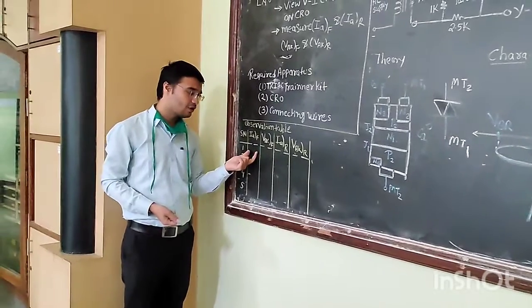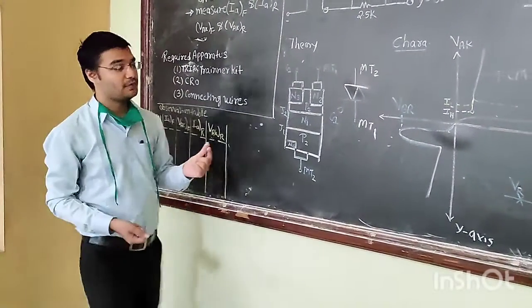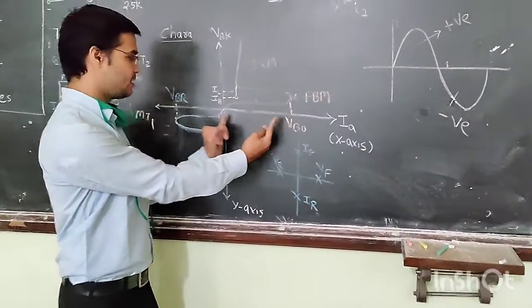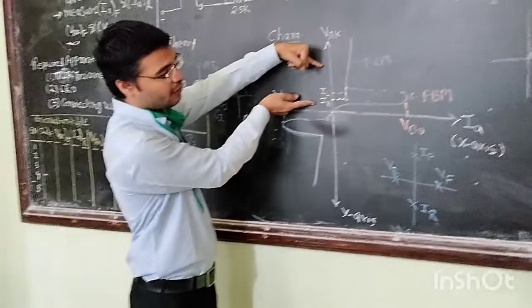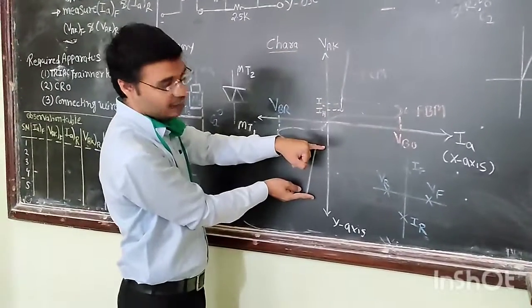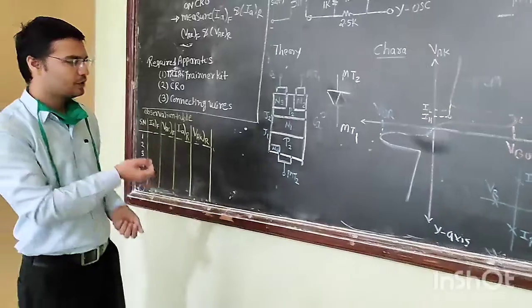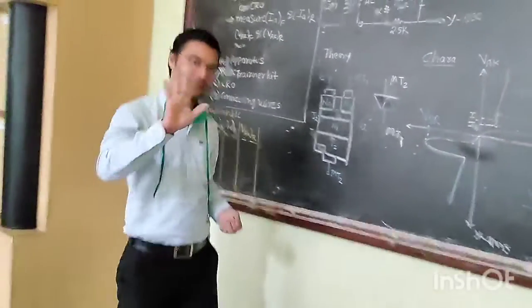That current is called forward current and reverse current, and forward voltage and reverse voltage. In this characteristic, this portion is called the forward voltage and this portion is called the reverse voltage. This portion is called the forward current and this portion is called the reverse current, right? Later, just after 2 to 3 seconds, we will move to the trainer kit. This is called the trainer kit.